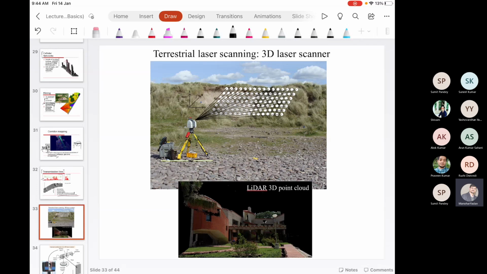We'll see how it operates, what the internal modules in this terrestrial laser scanner are, and what the mechanism is through which the laser beams are fired and the point cloud data from the terrain is acquired. As you see in this case, this is a terrestrial laser scanner, and it is a 3D laser scanner.